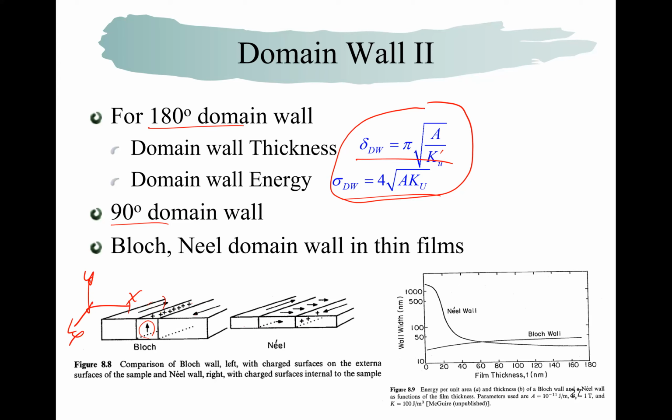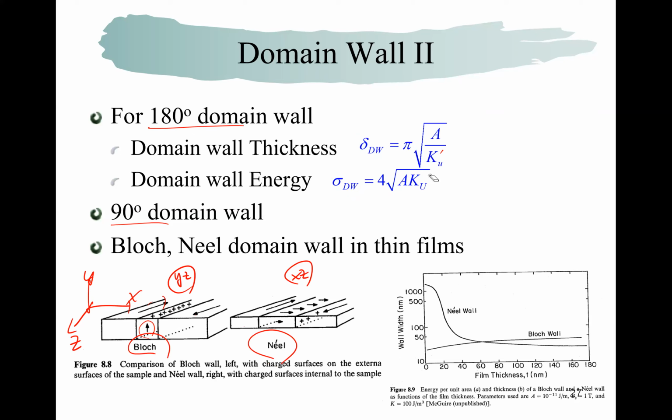In this case, the spin is rotating in the YZ plane. And in this case, the spin is rotating in the XZ plane. Okay. And these two spin states have the same energy term in this equation.